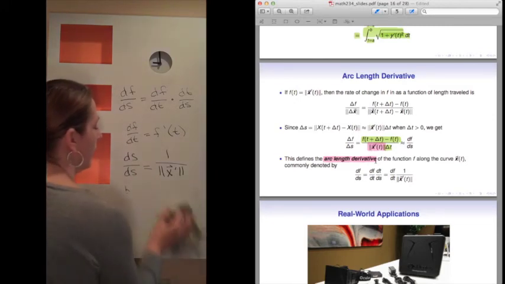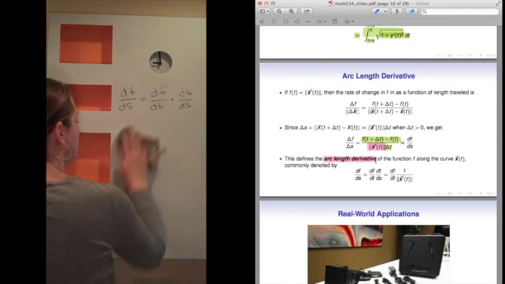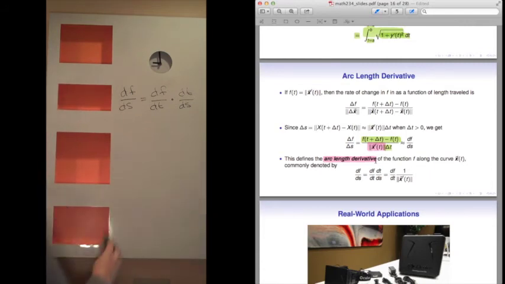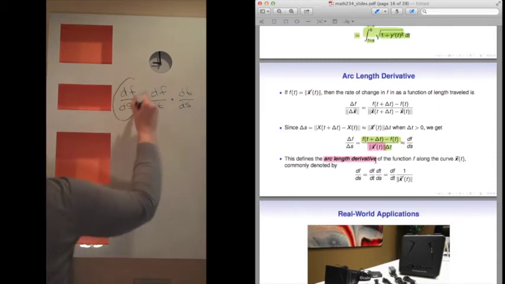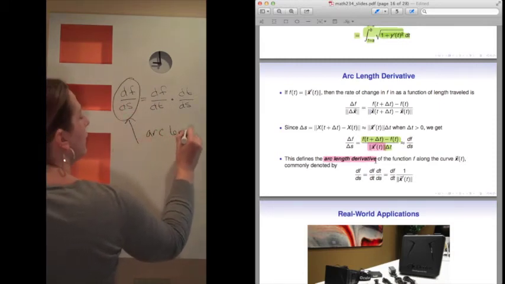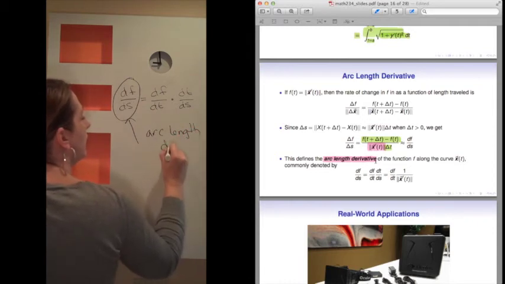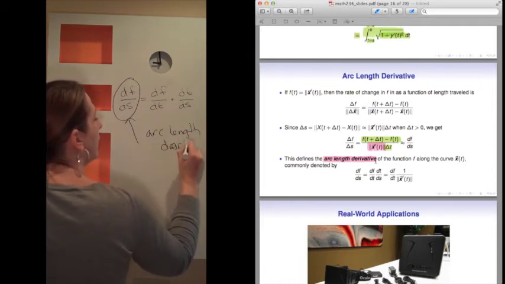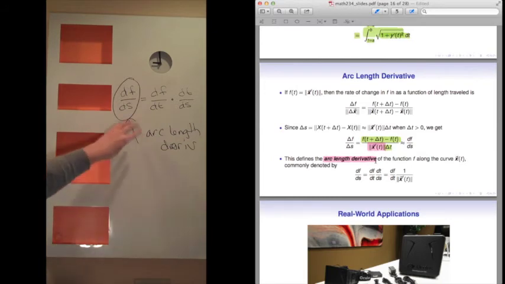Oh, sorry. That calculates the arc length derivative, which is df ds. So this is the arc length derivative, which is the product of this time derivative and a correction term.